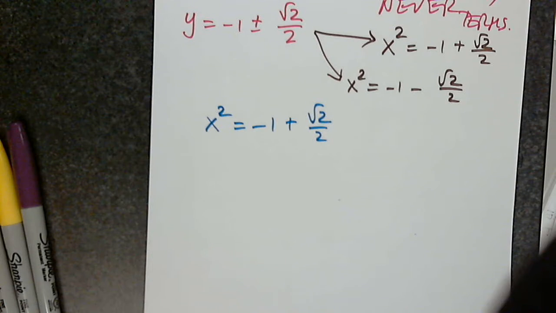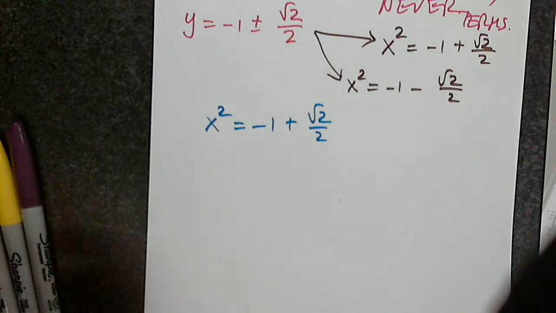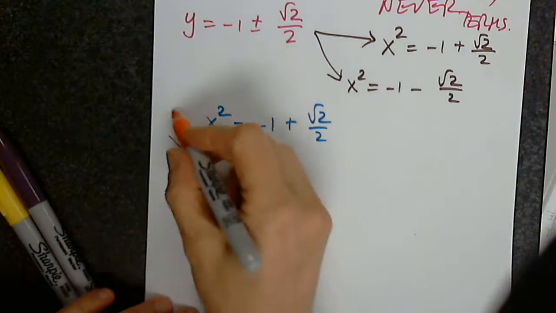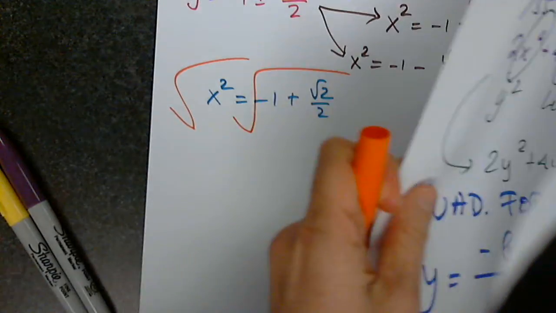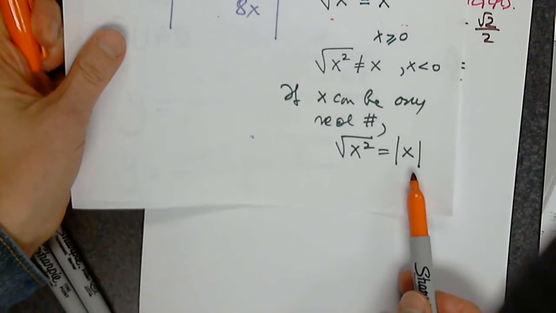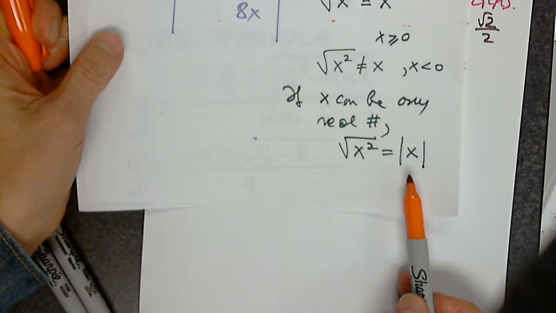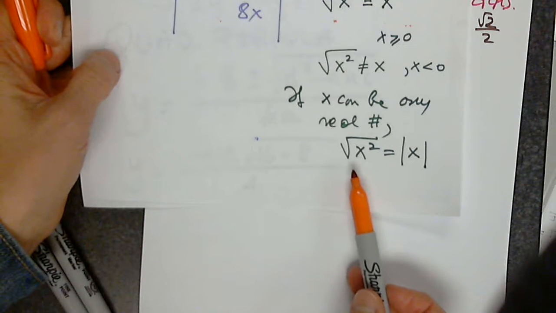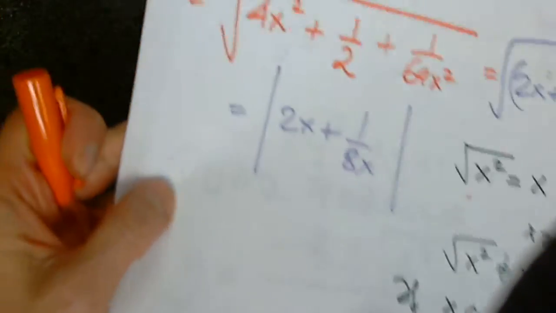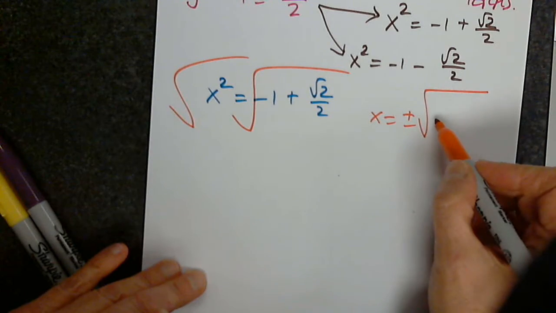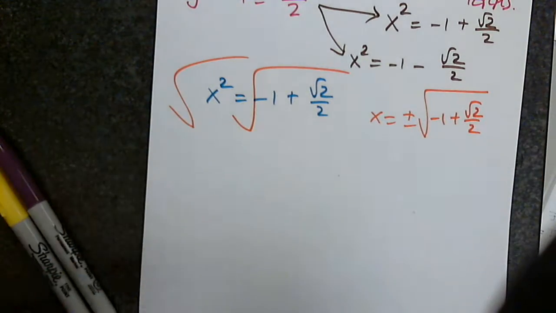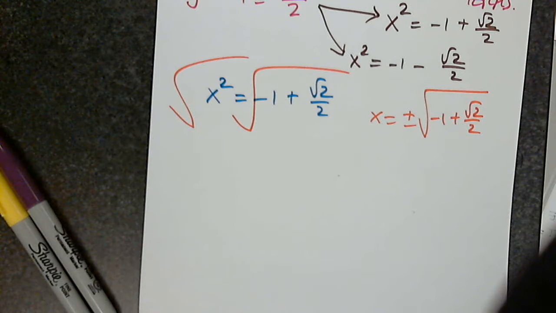So the terms without x on one side and x squared on the other. We have 4 different methods, but which is the best method to apply here? The square root. Yeah. And remember, how many solutions will I get when I take the square root from x squared? 2. Plus or minus. Very good. So then I have x equals plus or minus the square root of negative 1 plus the square root of 2 over 2. Now, is this a real number?